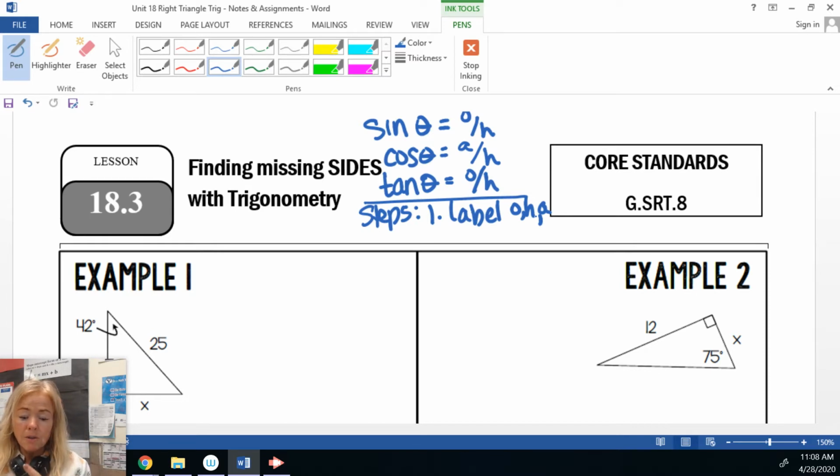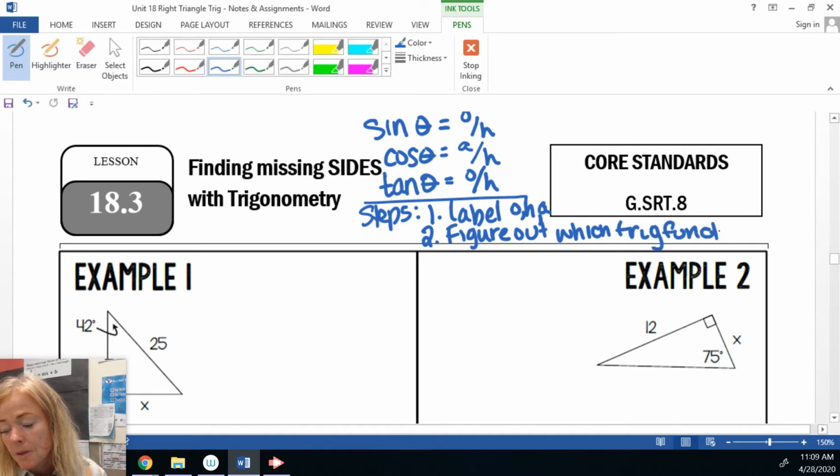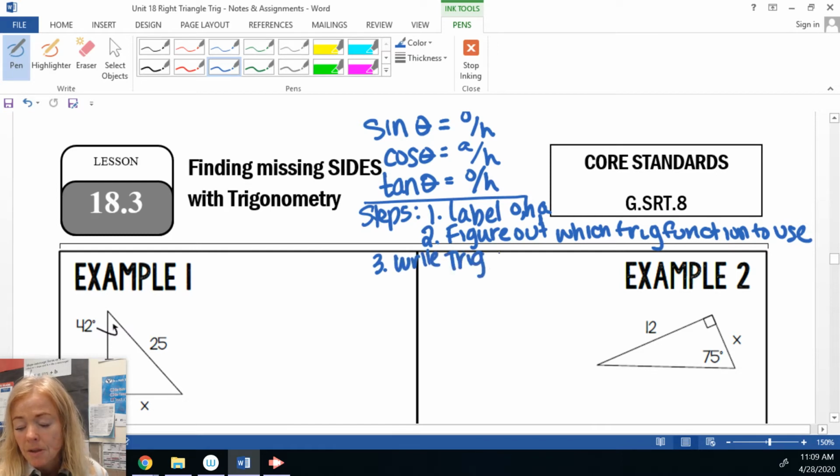Once you know which 2 sides are involved, the next step is to figure out which of the trig functions to use. And then after you've figured out which trig function you're using, the third step is to write the trig equation. These are different, remember, because we're dealing with trig equations now. So we have an angle and 2 sides. One of those will be missing, and that you will have to solve for.